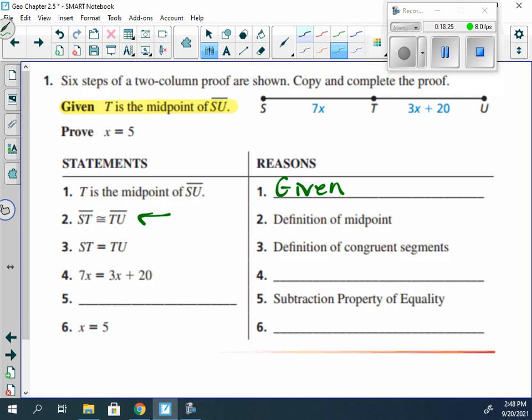If two segments are congruent, it means they have the same length. So we can say that ST is equal to TU. If we were just trying to talk about segments and not length, we don't need that step. But what are we wanting to find? The value of x. We're trying to find a value, so we have to talk about the length. And the reason that we could say that their lengths are equal is the definition of congruent segments. Questions on this here?